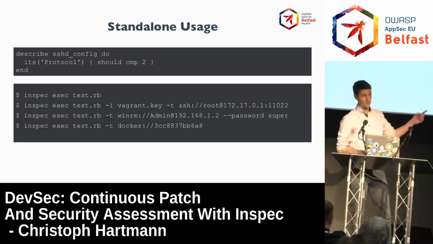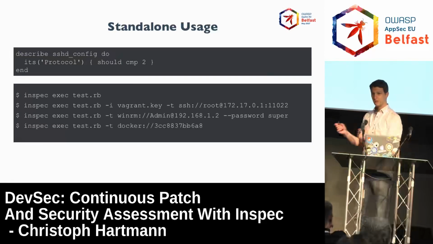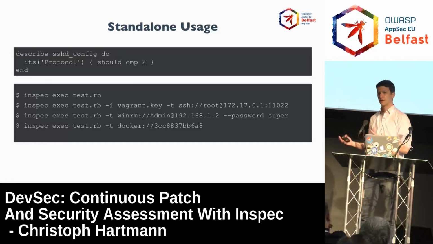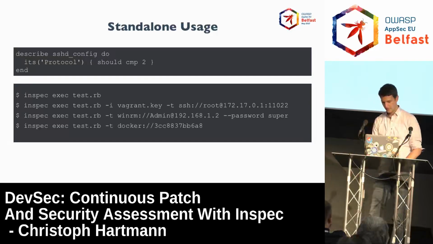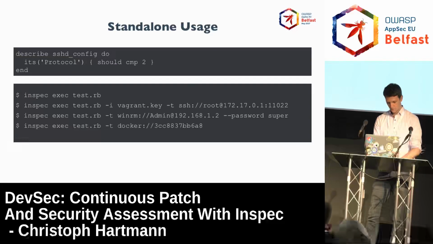So the cool thing about this test is you can run it locally and you can run it remotely. You can run it against SSH, WinRM, and a Docker container. And we'll quickly have a look at how that works. Here we just started a fresh Docker container, running bash.